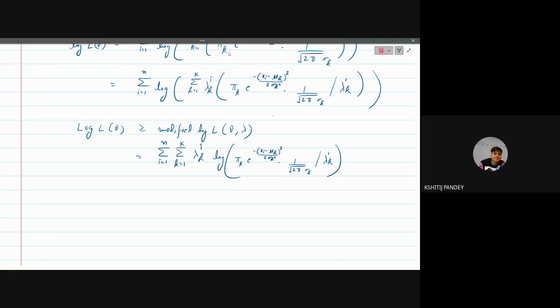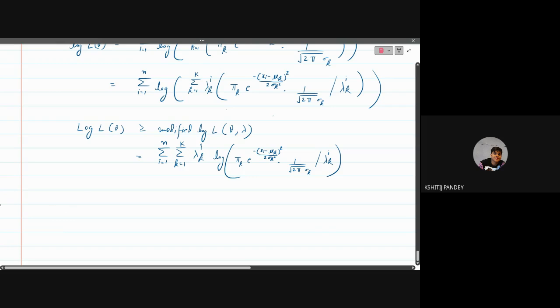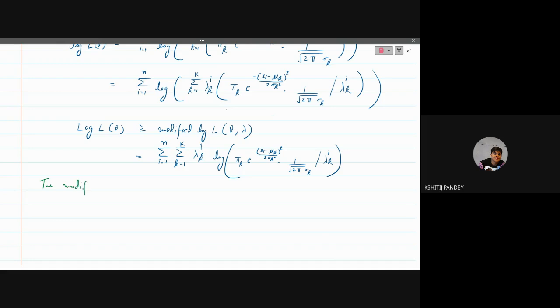One important thing is that the modified log likelihood gives you a lower bound for the actual, true log likelihood function, at theta.